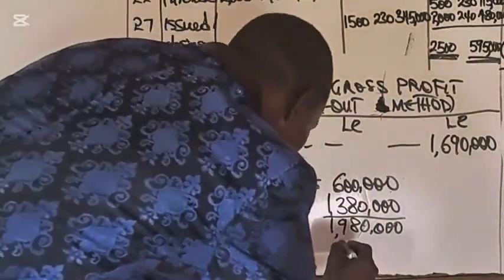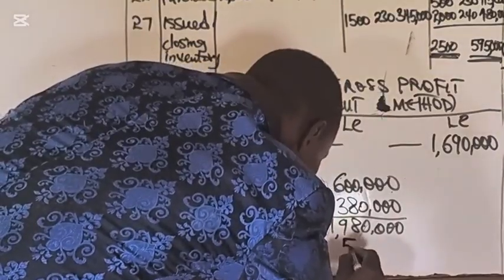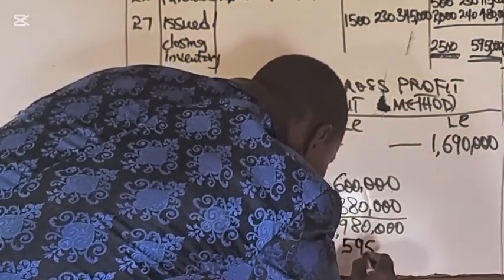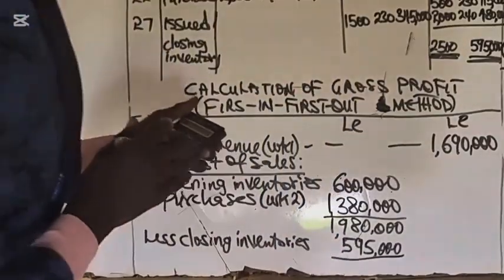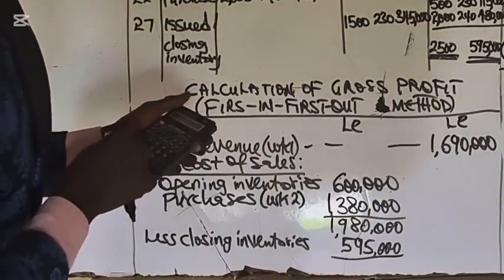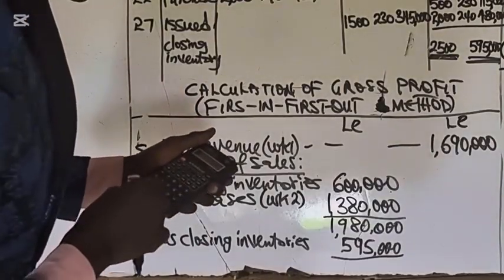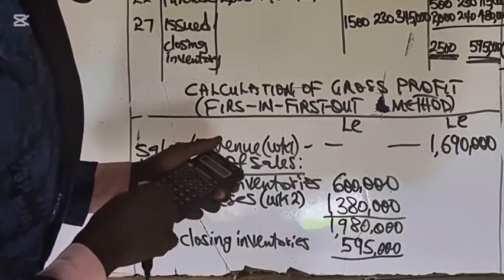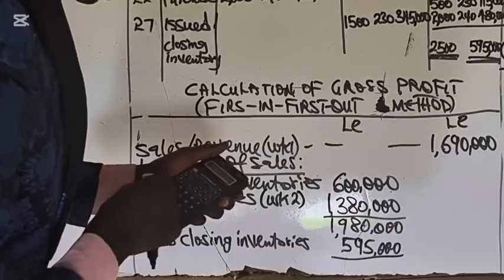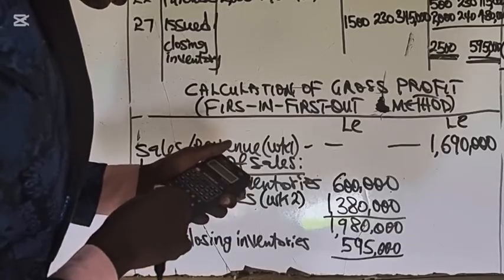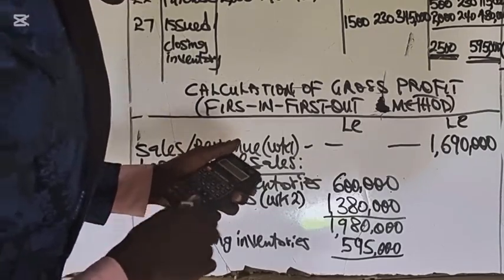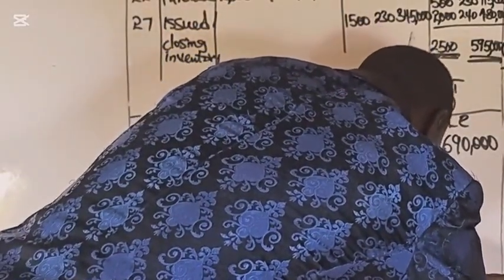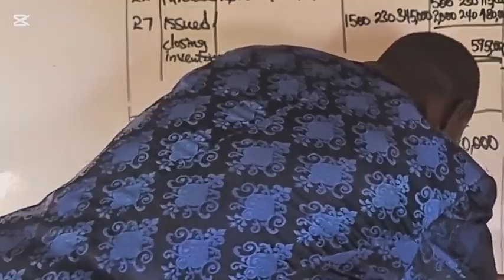So if you subtract the 595,000, the closing inventory, you have the cost of sales. 1,980,000 minus 595,000. You have the cost of sales of 1,385,000.